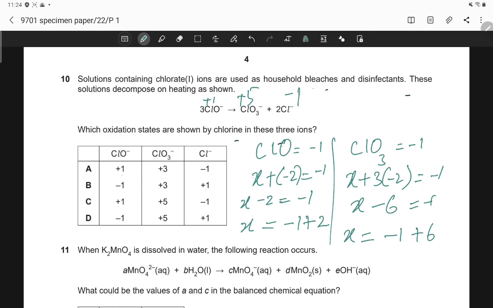Now look at the options. +1, this is wrong. -1, 3, 1, wrong. +1, +5, -1, this is the correct option.